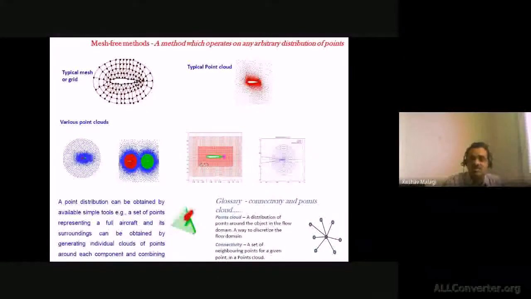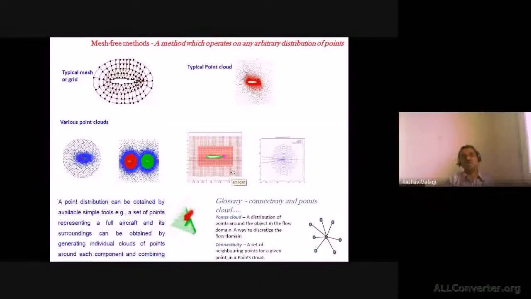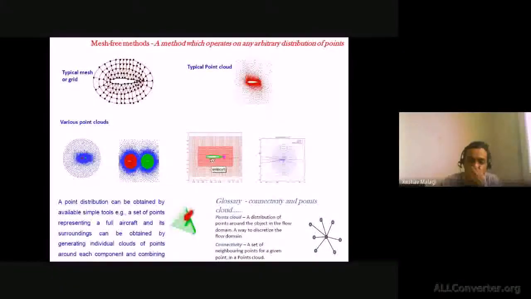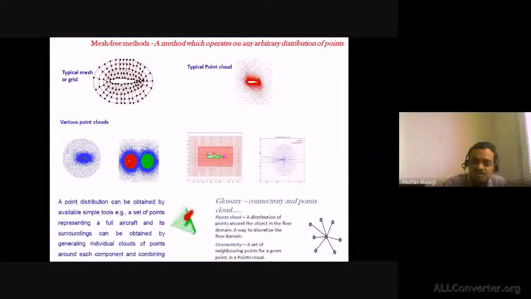Also, you can generate very high quality point clouds because there is flexibility in how you generate them. For example, take the case of an airfoil. You generate a Cartesian grid to fill the whole volume. Near the body, where you want to resolve the body very finely, you generate a structured grid and use the point cloud obtained from it.